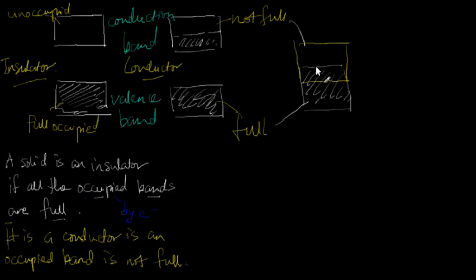In this case, you would say the conduction band overlaps with the valence band. In this case, you would say the conduction band is empty. In this case, you might say that the conduction band is partially filled.